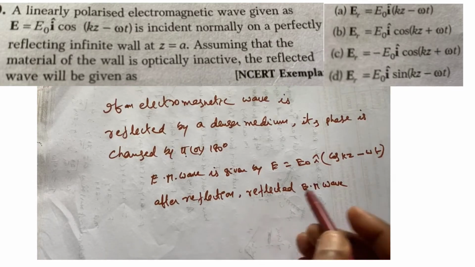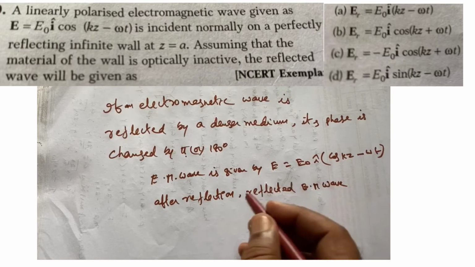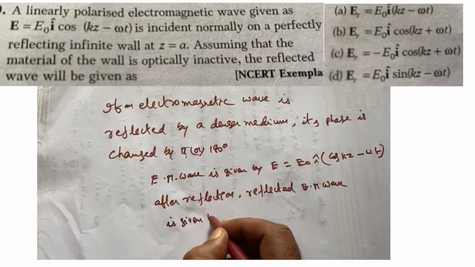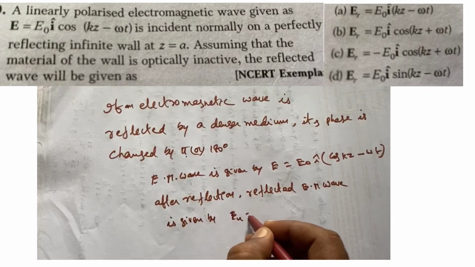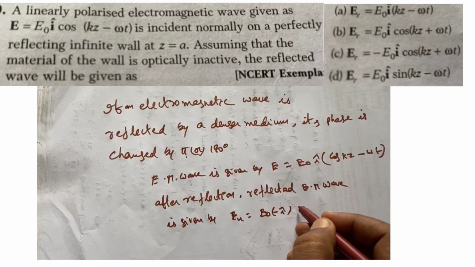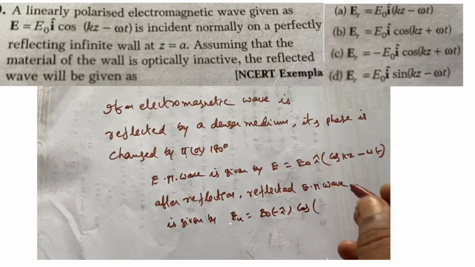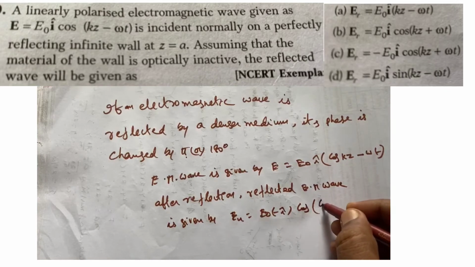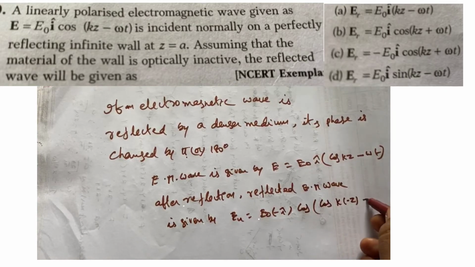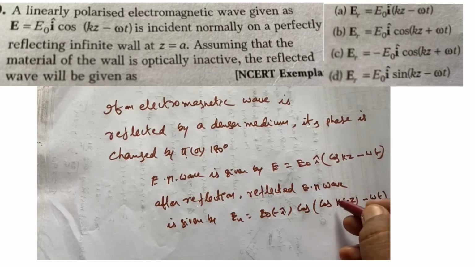After reflection, the reflected EM wave is given by ER equals E naught into minus i cap cos of k into minus z minus omega t plus phi.